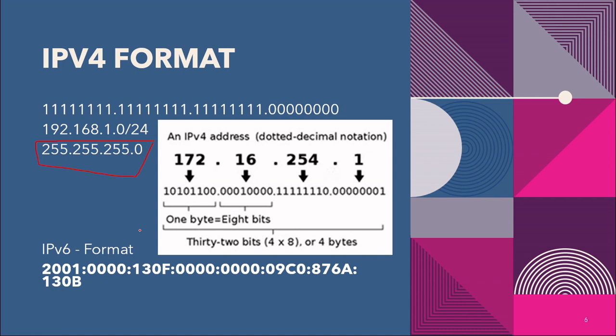For example, a /24 subnet, like the one we are seeing on the screen, 255.255.255.0, has up to 254 possible host IPs that you can use for that subnet.